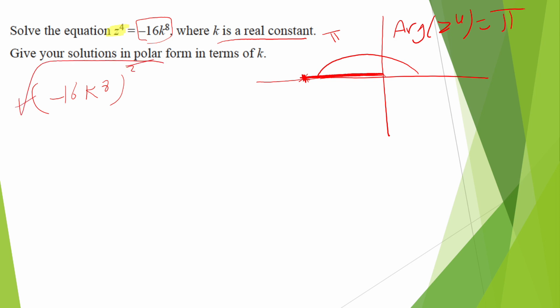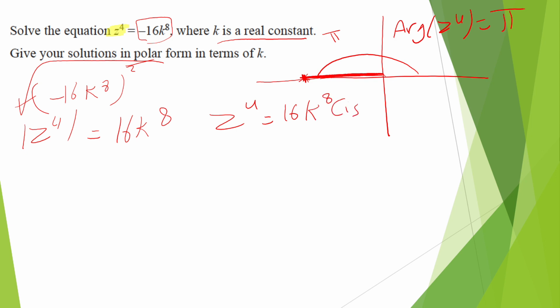This cancels out, but because of the square the negative disappears, and obviously there is no negative length. Therefore, the modulus for z to the power of 4 is 16k to the power of 8. So if I want to write z to the power of 4 in polar form, it would be 16k to the power of 8 cis pi.